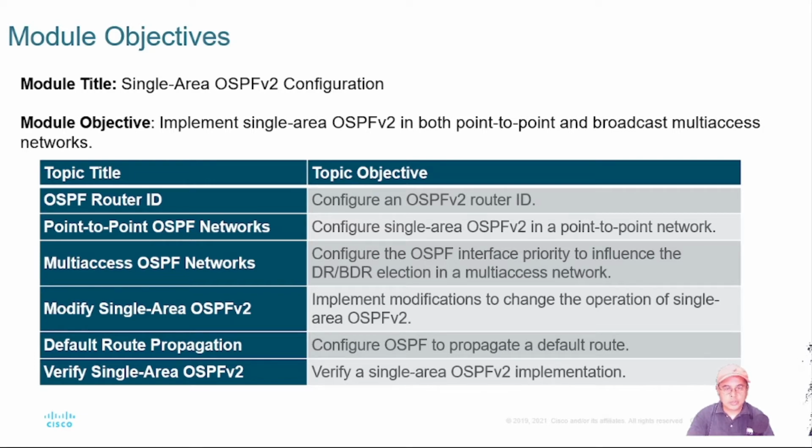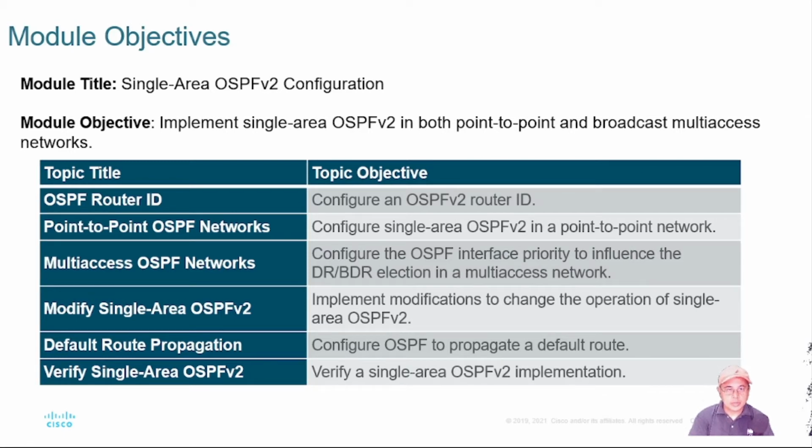And then we're going to modify the Single Area OSPF version 2. And we have the default route propagation. We're going to configure the OSPF to propagate the default route. And the last is the verification or verify the Single Area OSPF version 2.